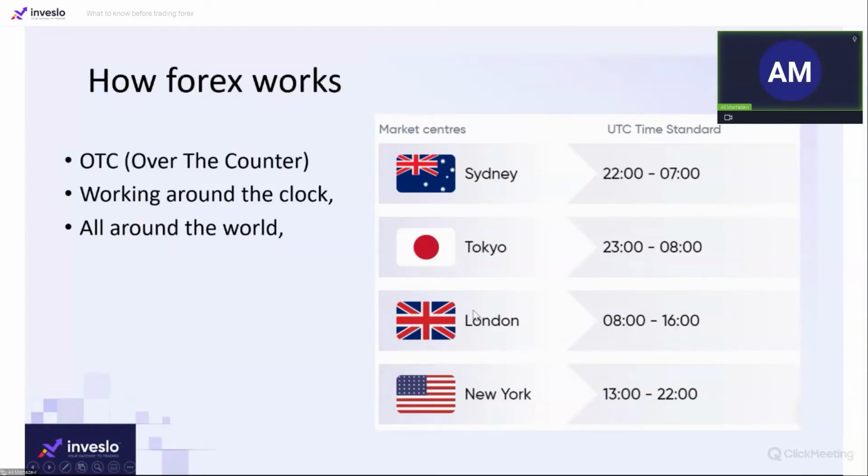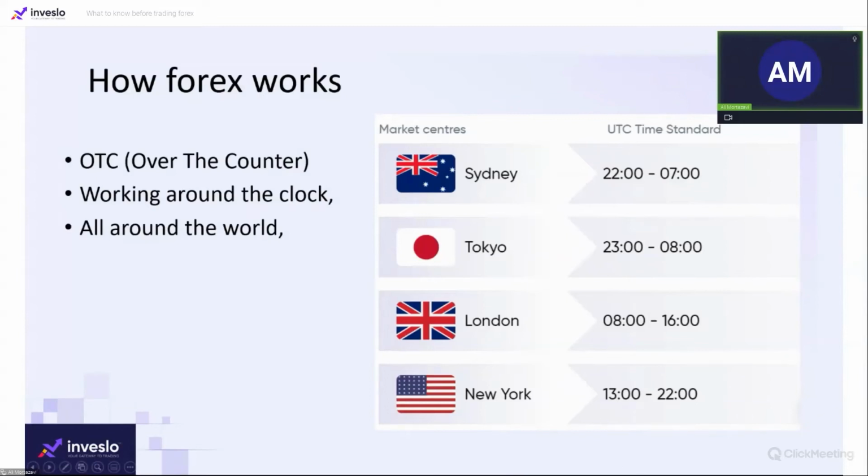And when they're closed, we see the markets in the United States and North America, Canada and the United States, which start to operate from 13 in the afternoon.